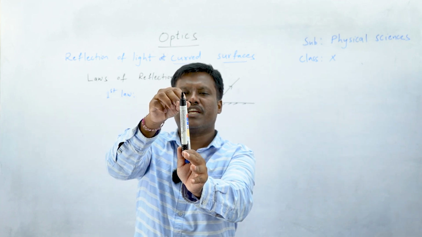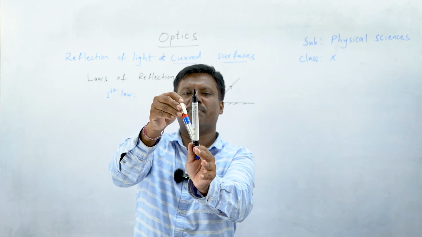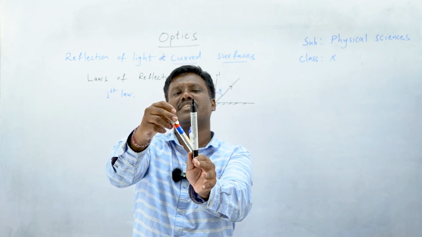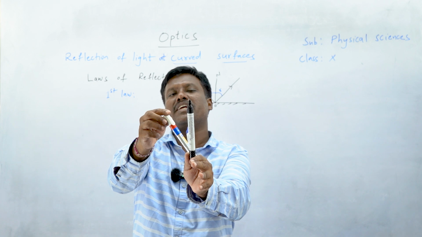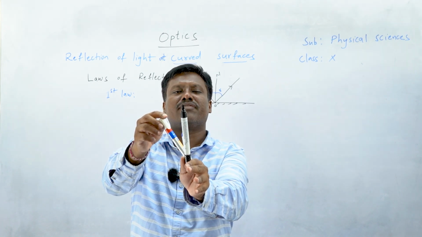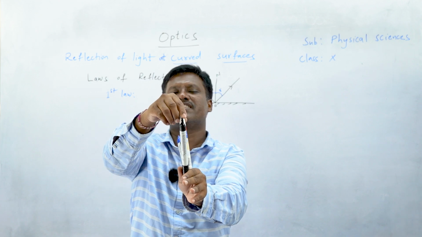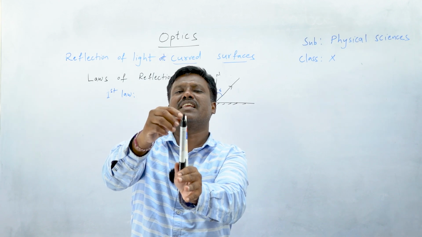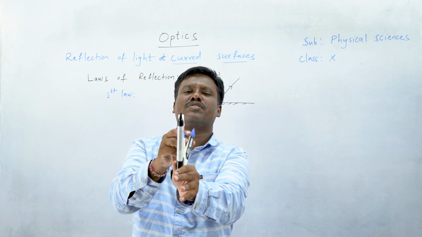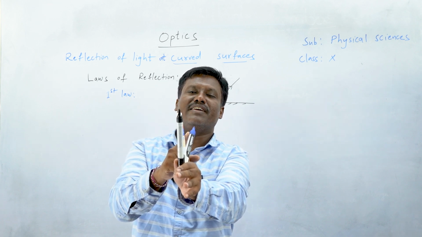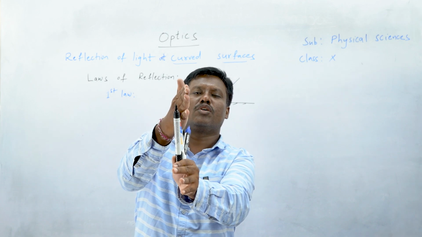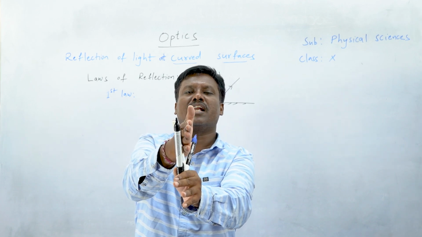But if I bend the middle marker, the normal, this way, you see only two rays are in the same plane. This ray is deviated from the plane. But in reality, normal, incident ray and reflected ray do not deviate this way. Always they lie in the same plane. If I deviate this reflected ray, only the incident ray and normal lie in the same plane, but the reflected ray is on another plane.